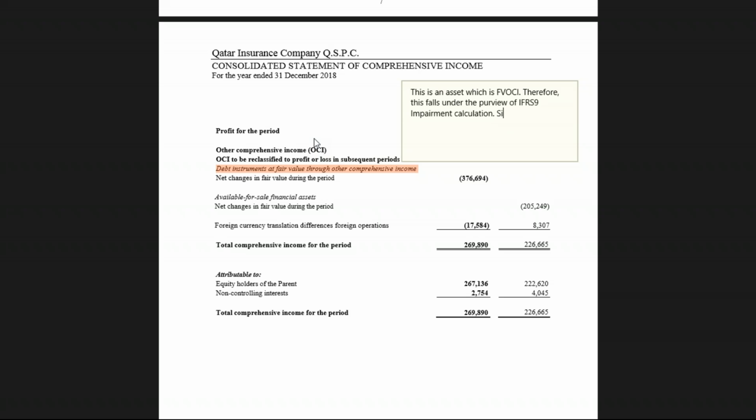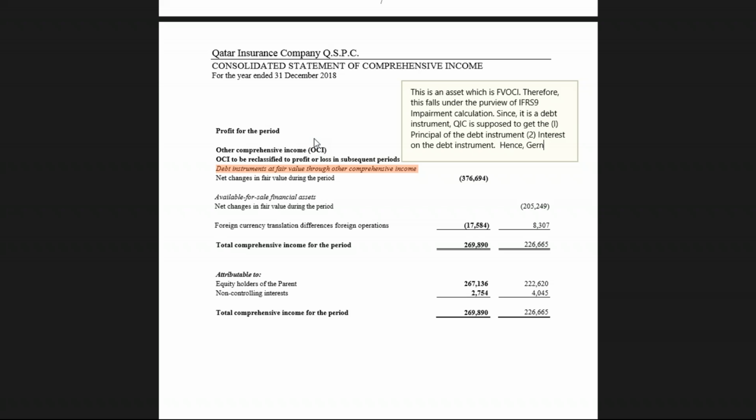Now, since it is a debt instrument, QIC is supposed to get the following: the principal of the debt instrument plus the interest on the debt instrument, right?